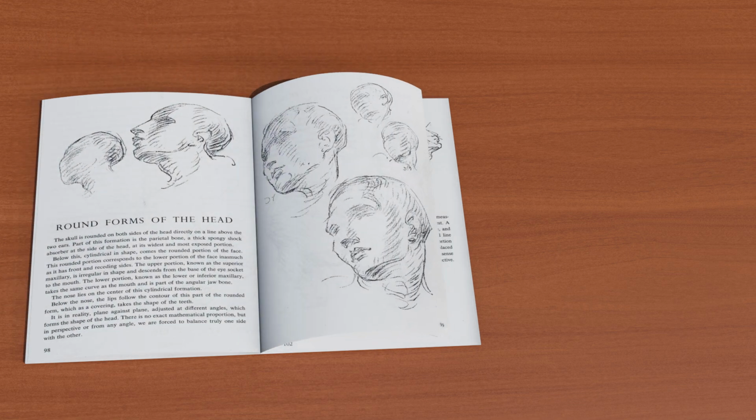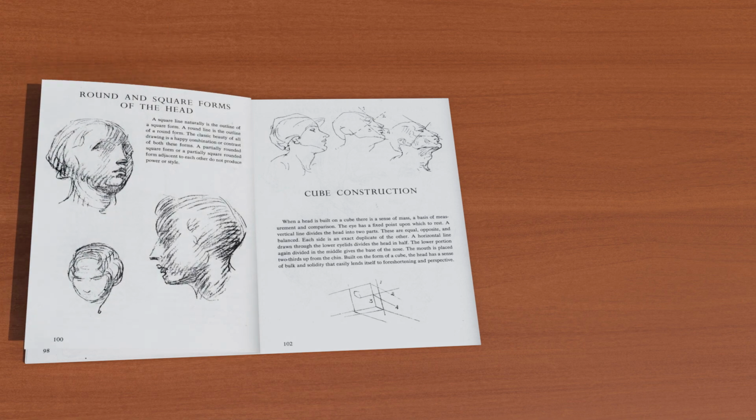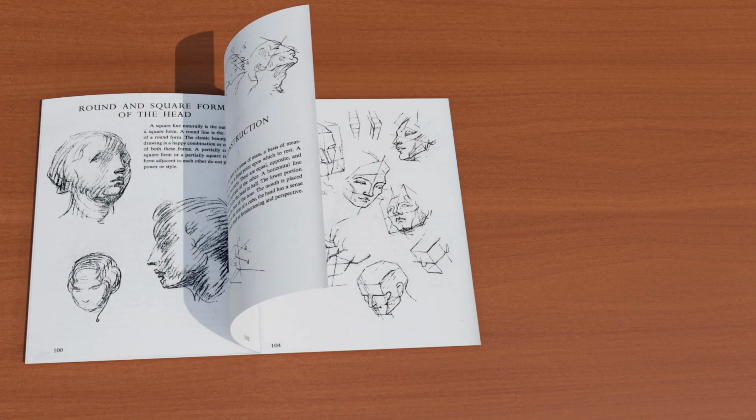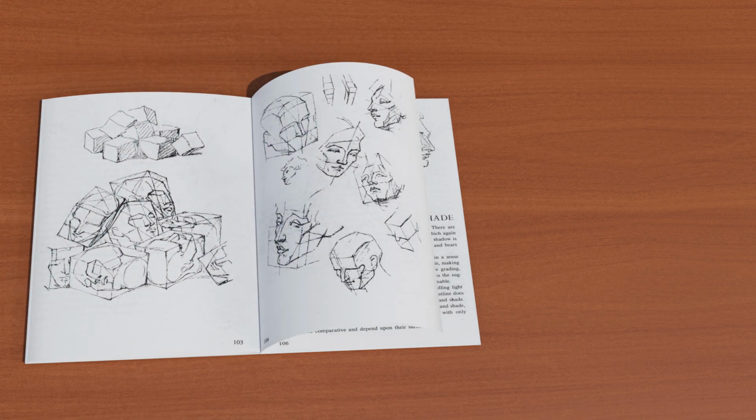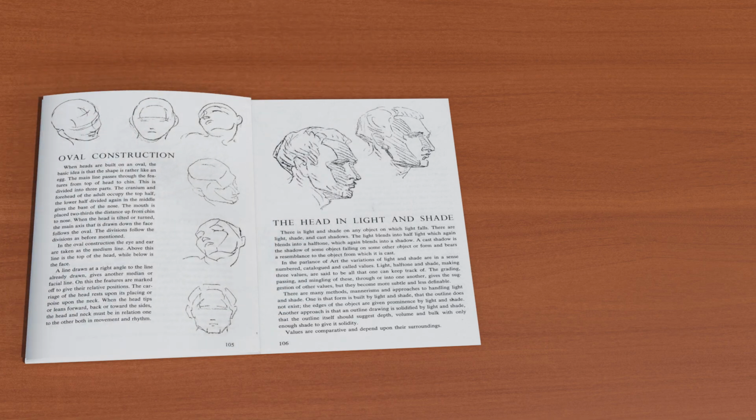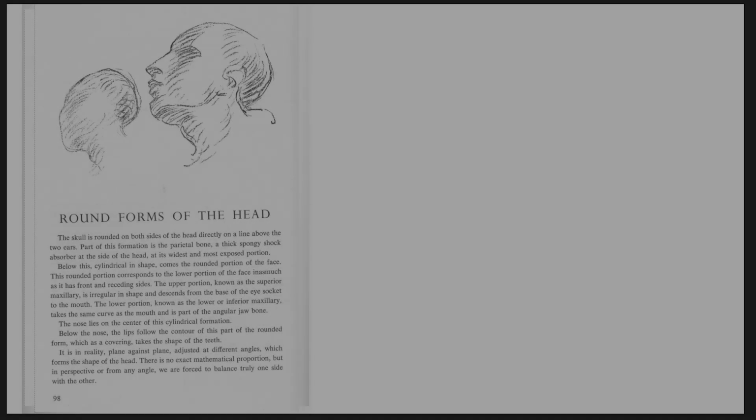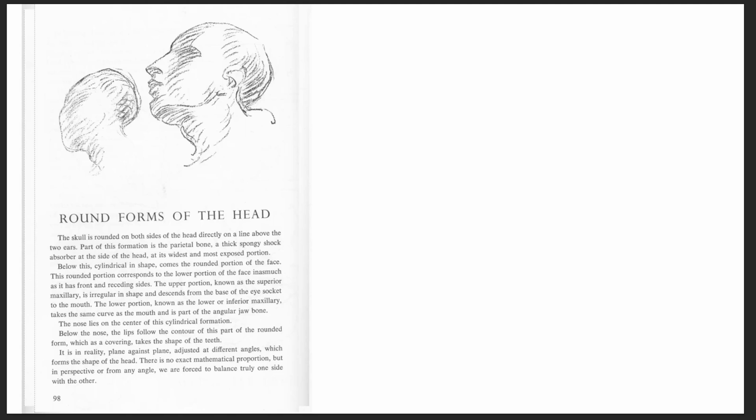Section 8 is blocking in the head in round, cube, or oval form methodologies. In this section of the book, Bridgman is breaking up how to construct the head in 3 manners within kind of a rounded, generalized way, a cube-like manner, and an oval or egg-like shape, which is roughly what most heads look like.